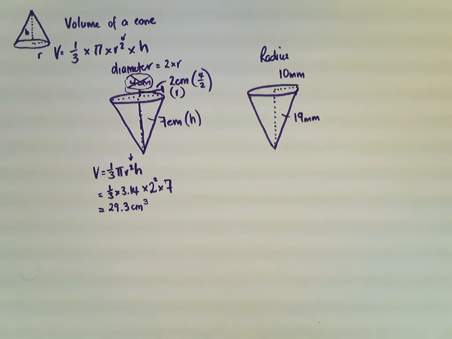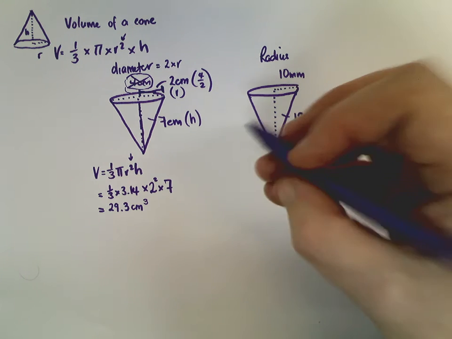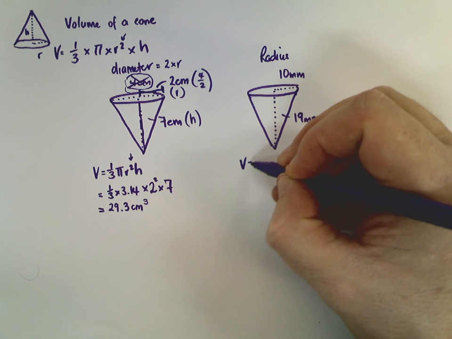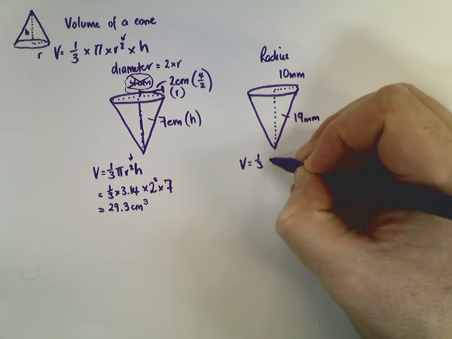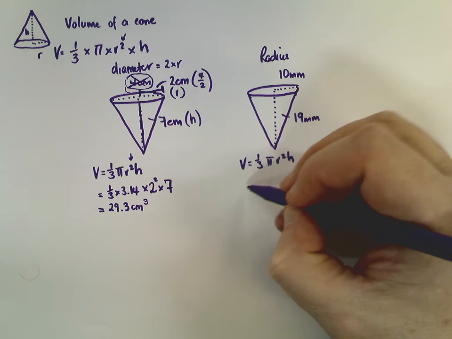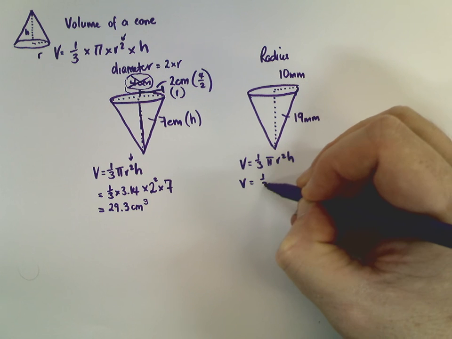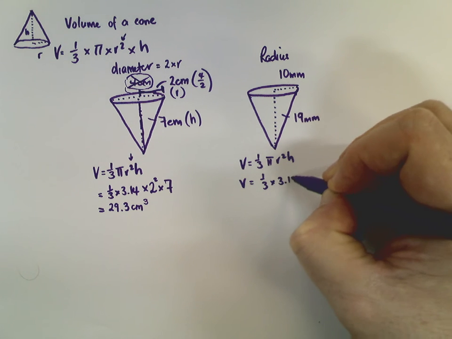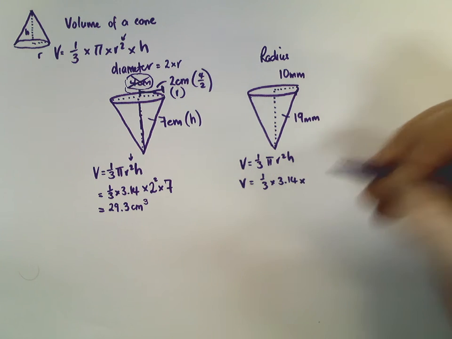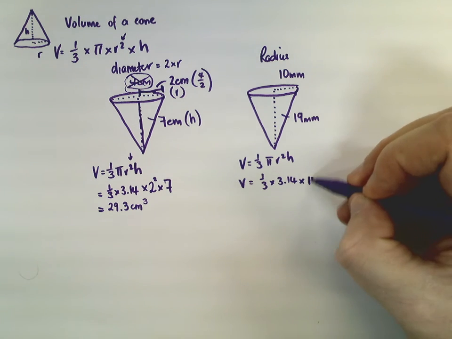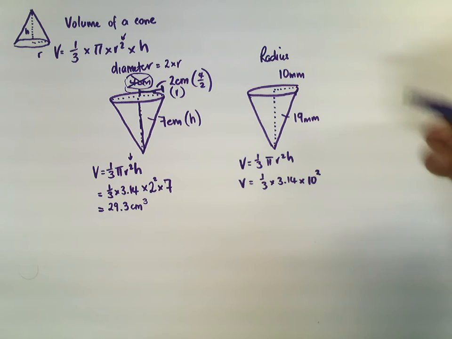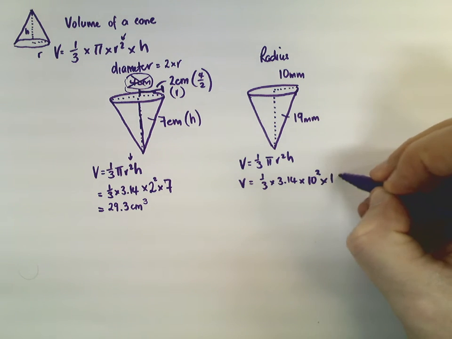Okay, I'm back. No music, of course, because, as I said, we don't do that here. So write down my formula. A third pi r squared h. So volume is equal to a third times pi, 3.14, times my radius, which is in this case 10, and don't forget to square it, and then my height, which is 19.